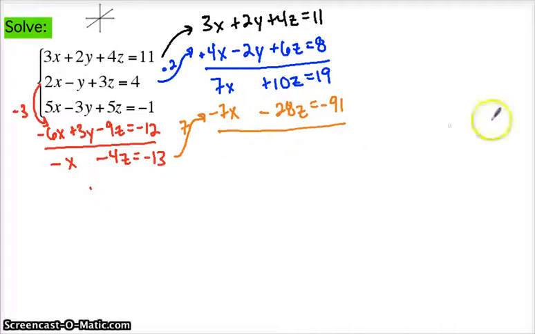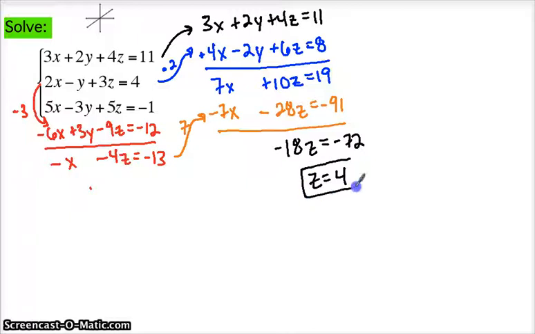Go ahead and add those two equations together, and we will end up with no x's, a -18z, and -91 plus 19 becomes a -72. Divide out our -18, and you can quickly find out that that becomes 4.